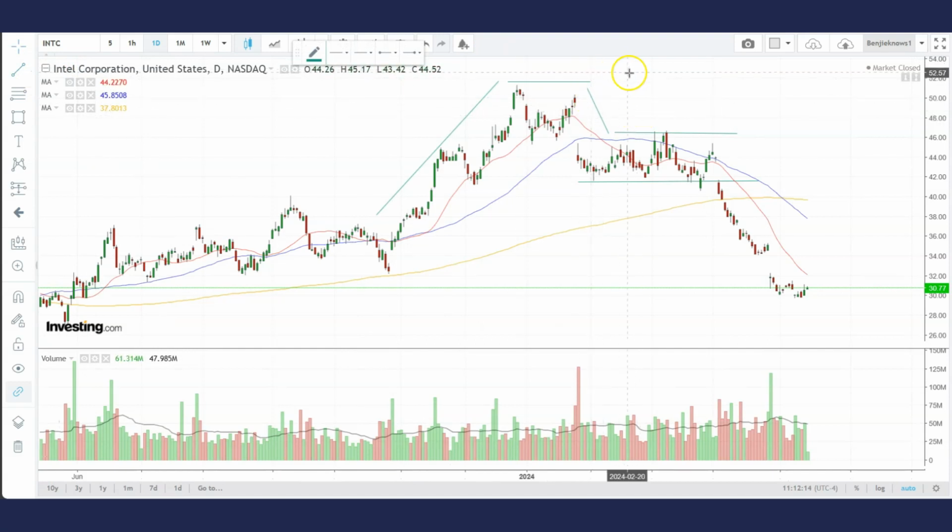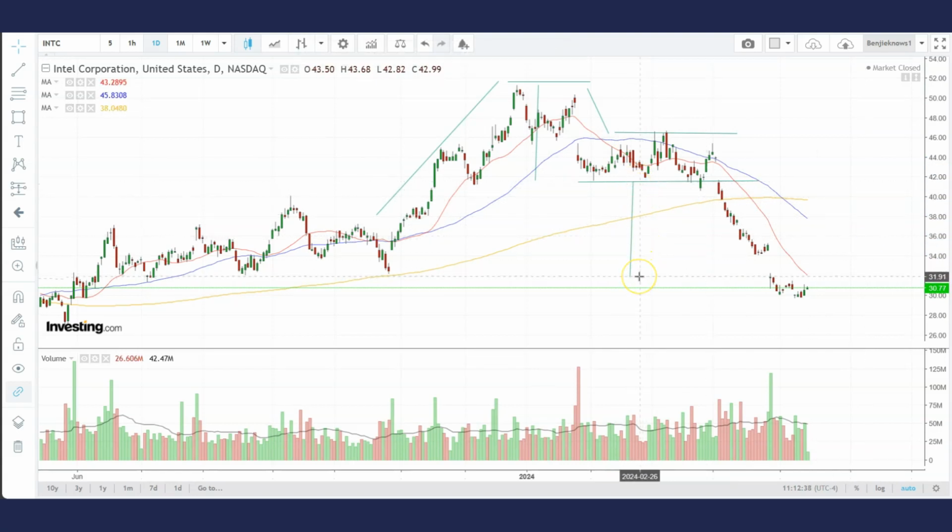Now, one good thing about this kind of pattern is that it gives us a target. You can actually take the height from the highs here to the support area, the handle, and this is the height. You clone it or copy it, all right, and then you project it downwards from here.